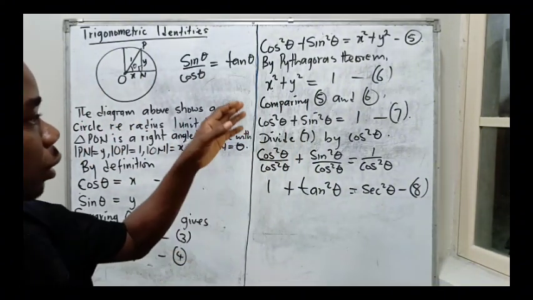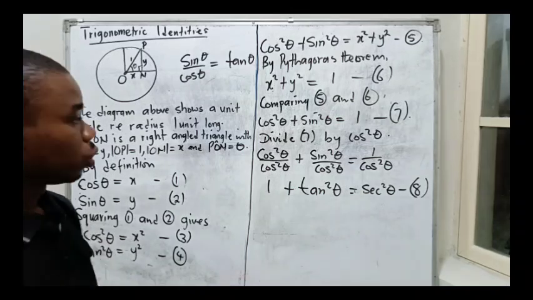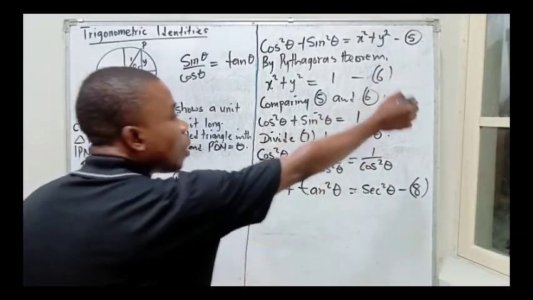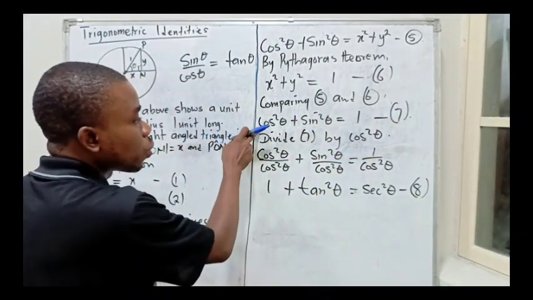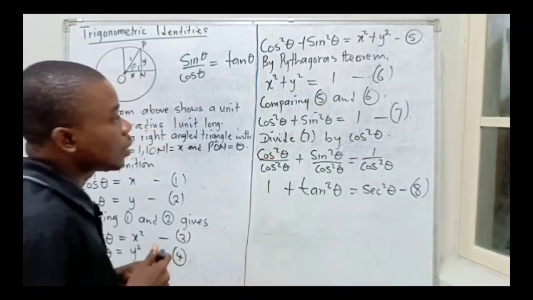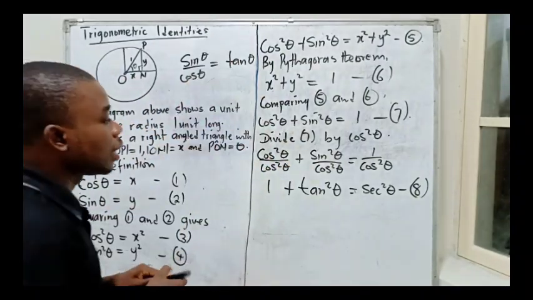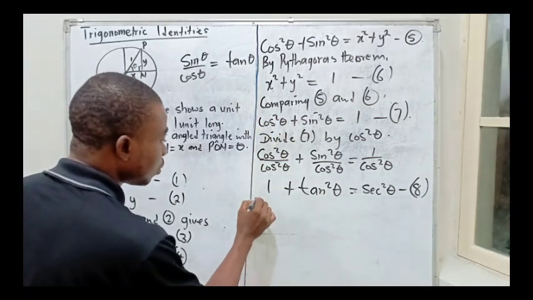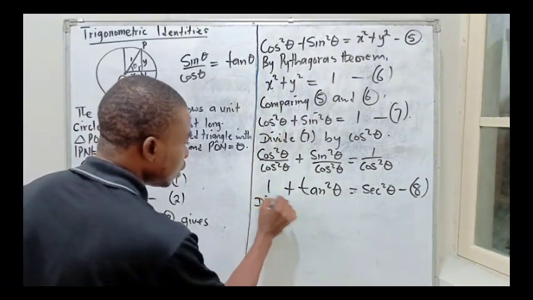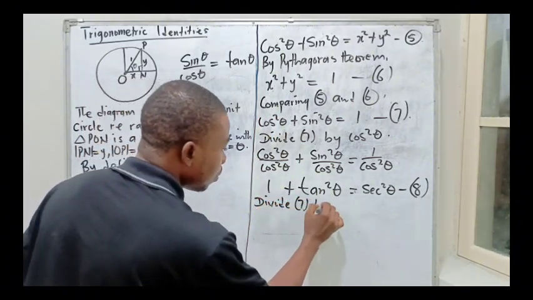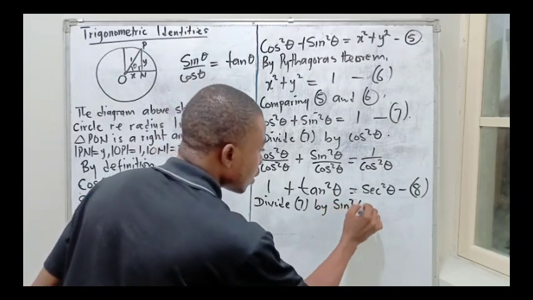Let's look at the third identity. Again, we go back to equation 7. Remember the first one we divided with cos squared theta. Now we are going to divide equation 7 by sine squared theta.